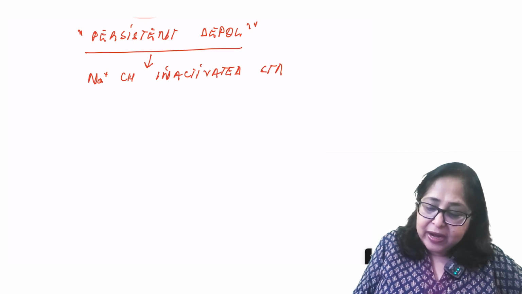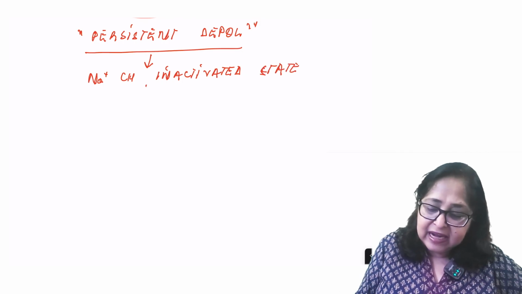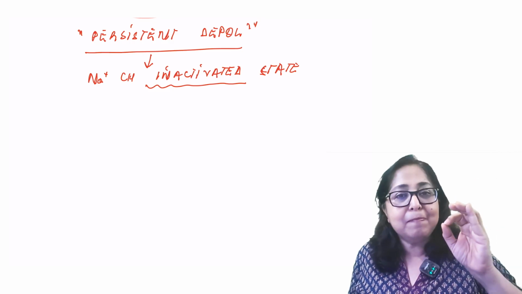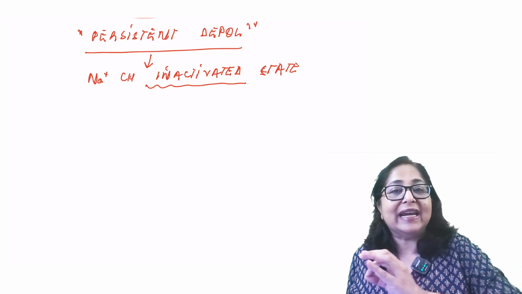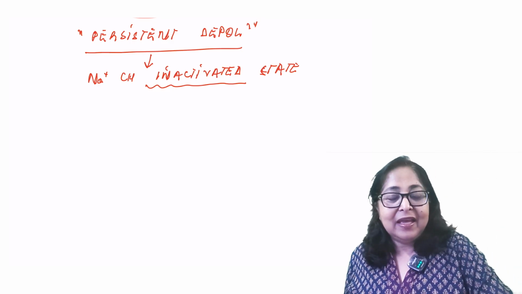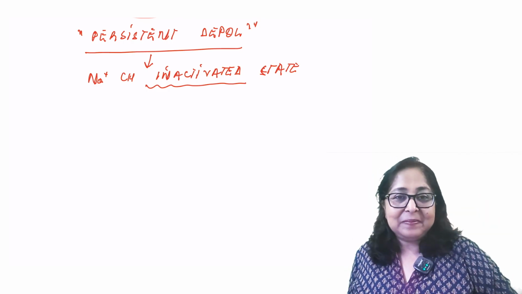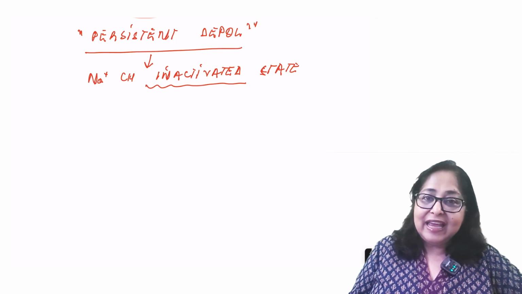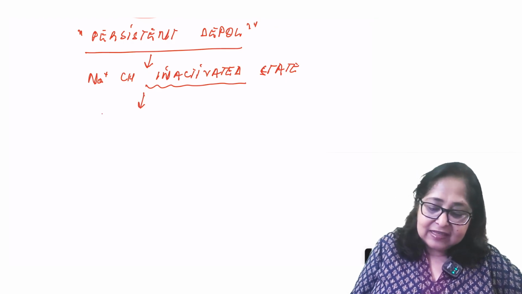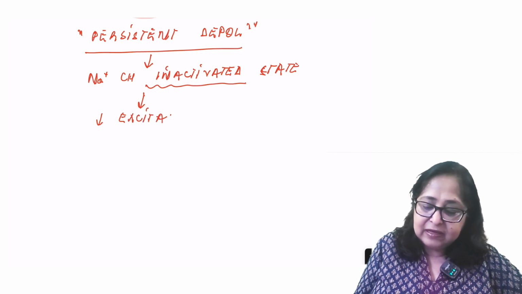Please remember, whenever the sodium channel is in the inactivated state, it is impossible to open this channel again. It is impossible to excite the cell again. So if the sodium channels are in the inactivated state, there is a paradoxical decrease in excitability.